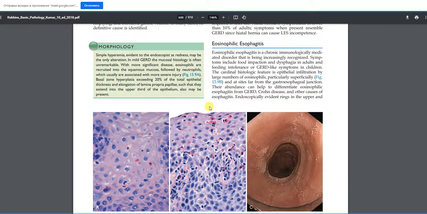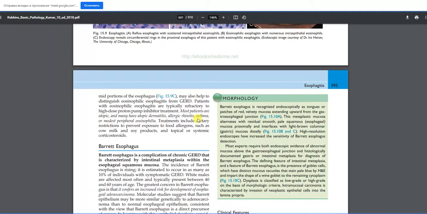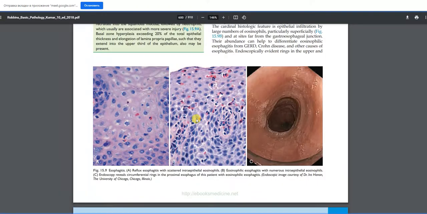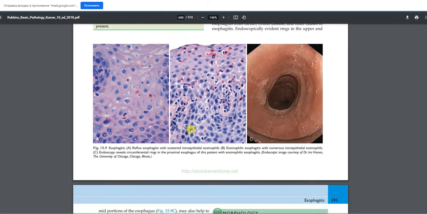We don't fully understand the cause of it. It might be an autoimmune reason, so due to an autoimmune reason the esophagus is injured, usually related to other disease, and also might be caused by parasitic infection. But sometimes we have idiopathic causes, so that's why we can't claim what it is exactly without histological examination.